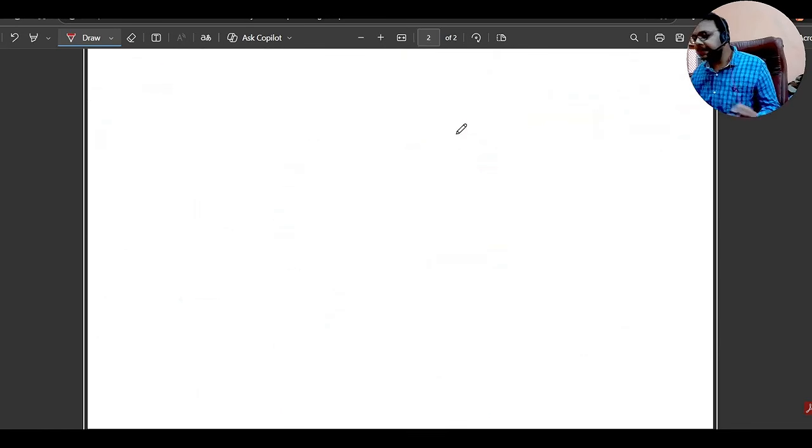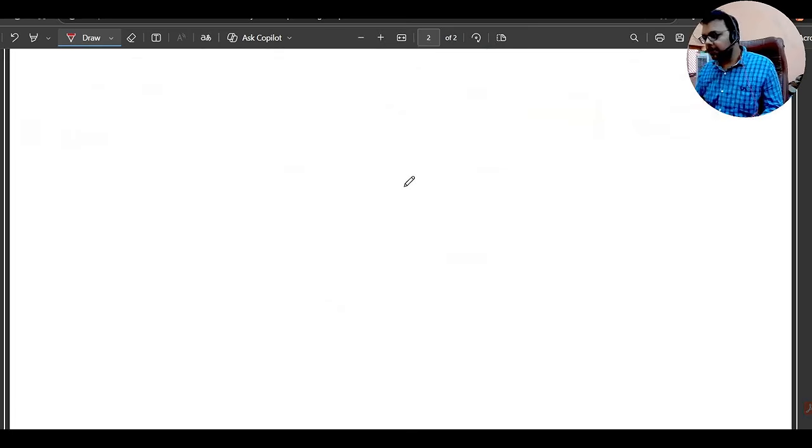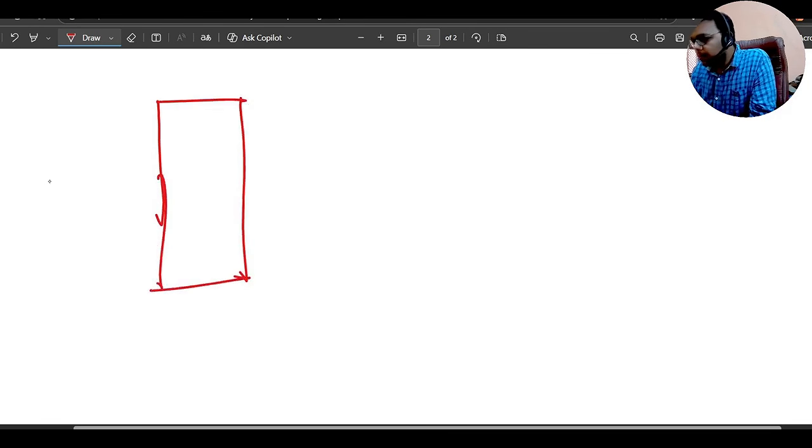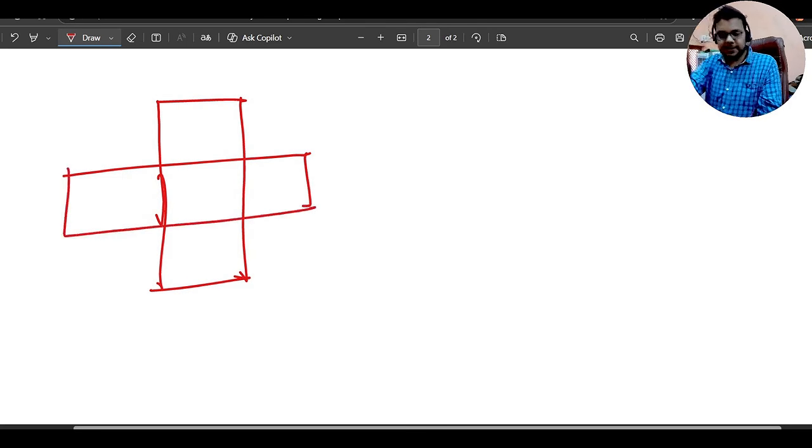So the exercise is very, very simple. Okay, let's do one thing. Suppose this is the whole structure in which we have three arrows like this, and this.